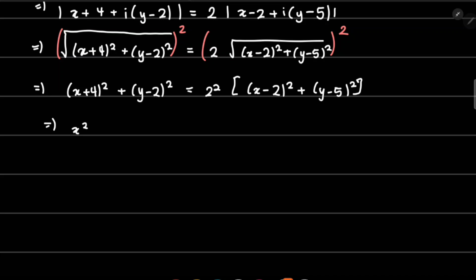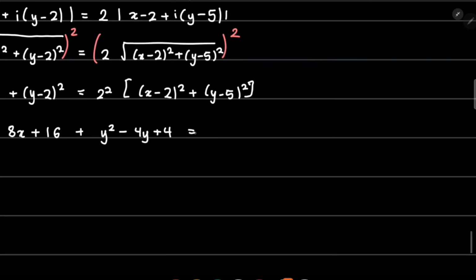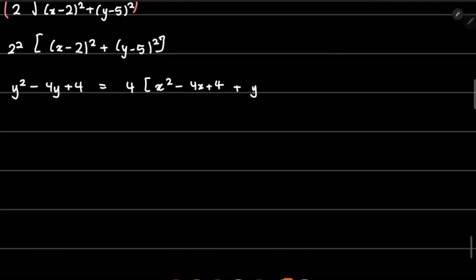The first one gives me x squared plus 2 times x times 4, so 8x, plus 4 squared is 16. Now expanding the next one, I get y squared minus 4y plus 4. On this side I get 4 multiplied by x squared minus 4x plus 4 plus y squared minus 10y plus 25.